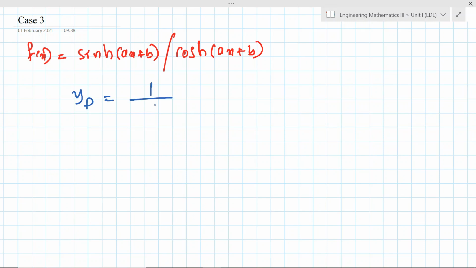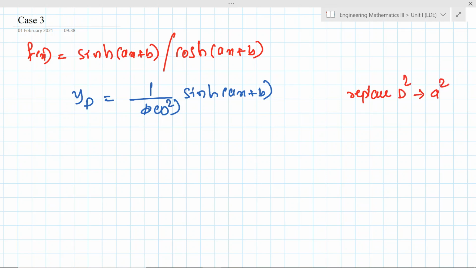So yp is 1 upon phi of D square into sine hyperbolic (ax plus b). Now what we have to replace? The only thing is replace D square by plus a square. In the previous case we replaced D square by minus a square, but in this case we have to replace D square by plus a square. This is the only change. Remaining parts are as it is.